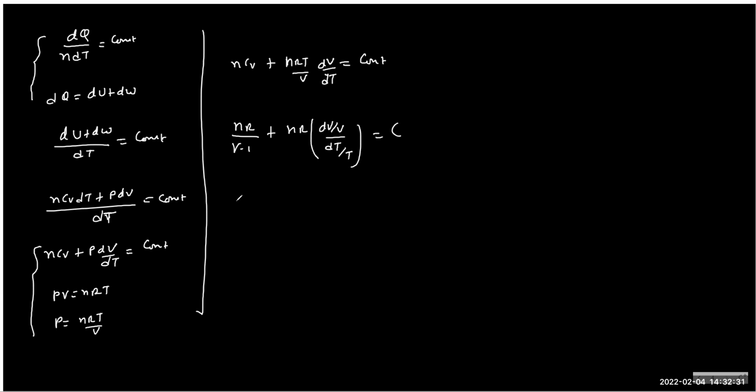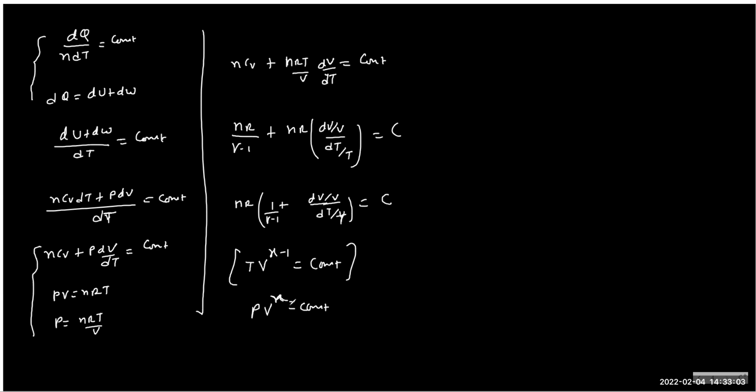And then you can take n as constant, so 1 plus dV by V upon dT by T is again constant. So it's like rearranging, and eventually you'll get some T power some constant minus 1 equals constant. So this is how we prove it, and from here you can go back to get P power x equals constant.